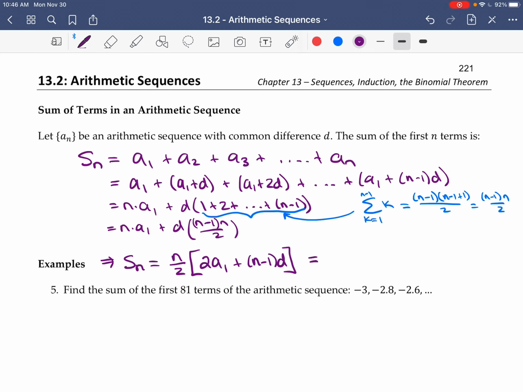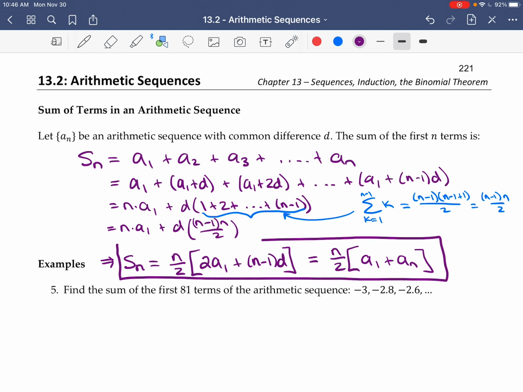Or you can rewrite this as n over 2 times (A1 plus An). So these are the formulas for the sum.